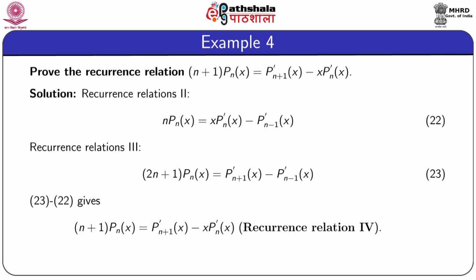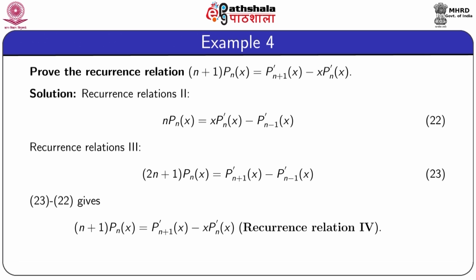We next look into example number 4, where we have to prove n plus 1 p n x is equal to p dash n plus 1 minus x p dash n. Now, please recall recurrence relation 2 given by equation 22, which says n p n is equal to x p dash n minus p dash n minus 1, and also recall recurrence relation 3, which is 2n plus 1 p n x is equal to p dash n plus 1 minus p dash n minus 1.